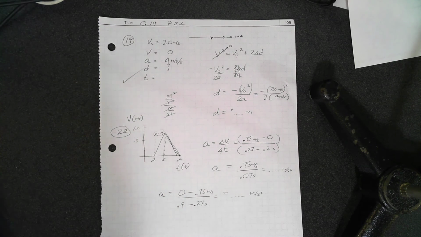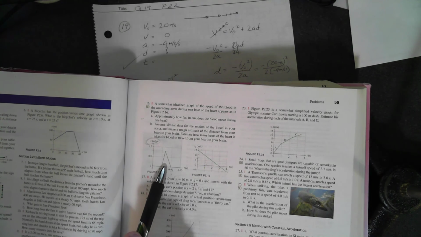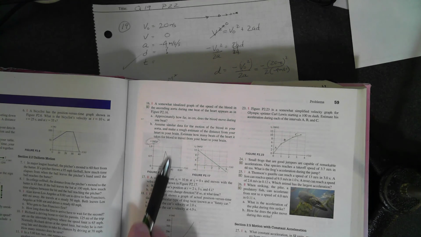Looking at it in the book, I would expect a bigger acceleration, number-wise, like absolute value-wise, for the blood initially moving. A smaller acceleration as it slows down. That doesn't seem as steep as the first one.